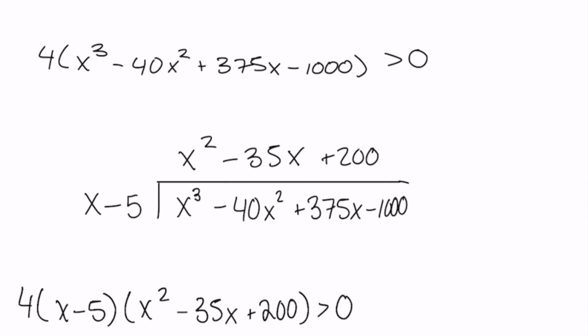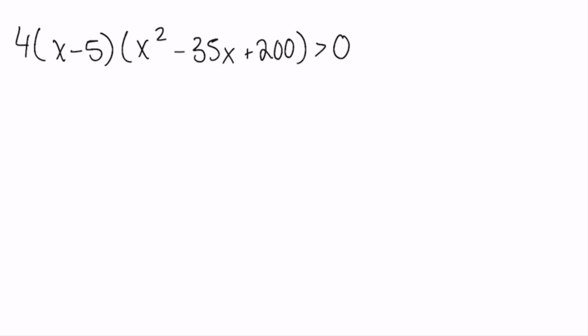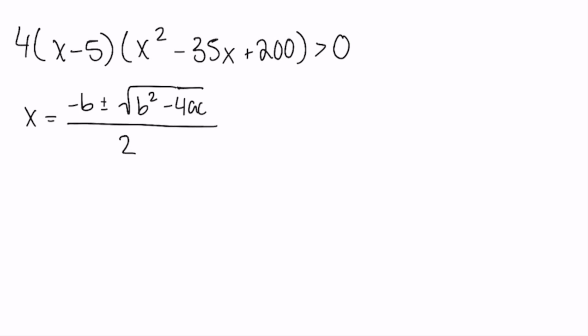Now we want to factor again, this quadratic, and you'll notice that it's not easily factorable, so we need to use the quadratic formula, which is x equals negative b plus or minus the square root of b squared minus 4ac, all divided by 2a.